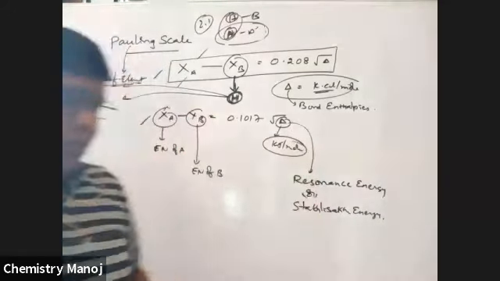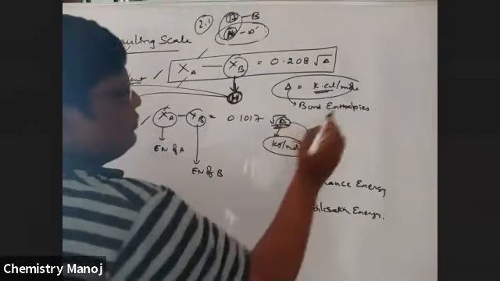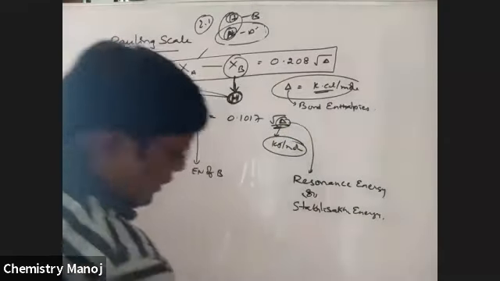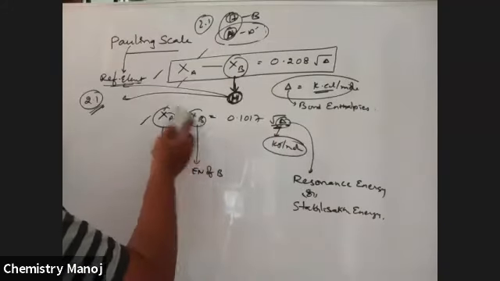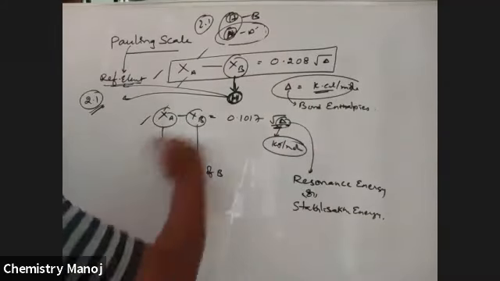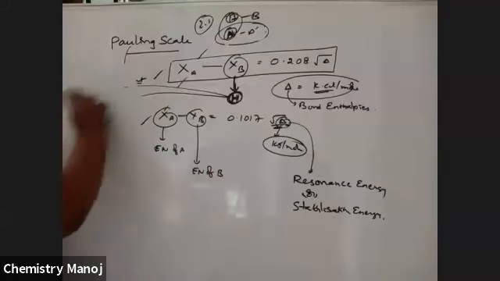Okay. So now, how to calculate this delta value? Now I am going to calculate the delta value and substitute here. One of them is hydrogen. Another element's electronegativity I am going to calculate by using known values.